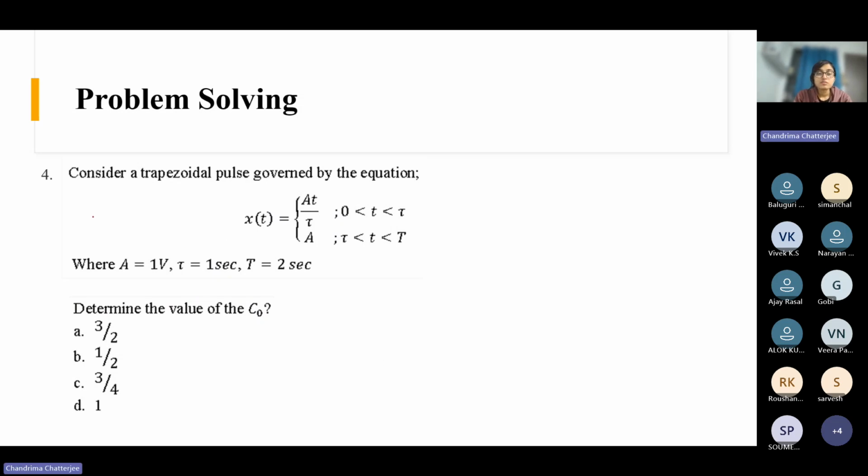Now we have come to the part where we will have to actually solve some numericals. It says: consider a trapezoidal pulse governed by the equation, determine the value of C naught.